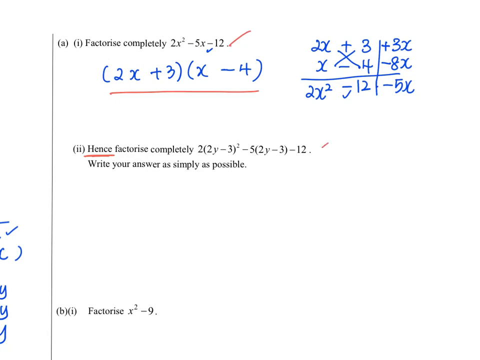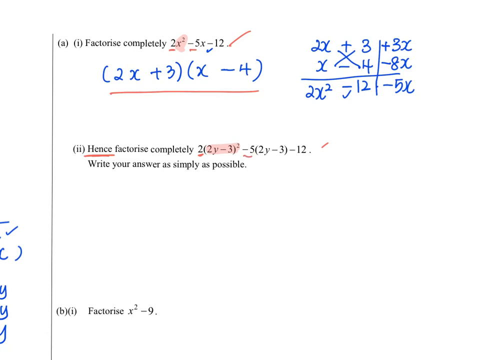Let's look at some similarities. I have 2, then now this is x squared, something squared, but I have 2y minus 3x, the whole thing squared. This is negative 5, same.